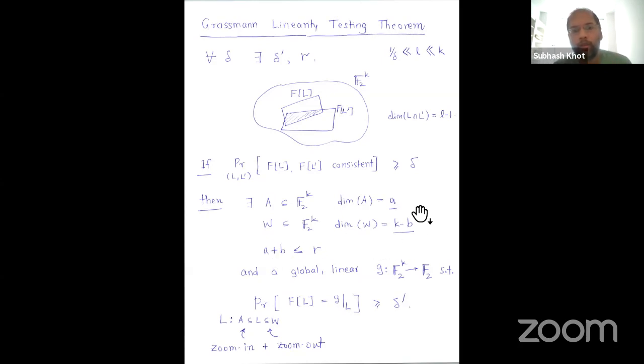Of course a plus b is at most r, maybe at most 5, and there is a global linear function G, such that if you restrict to only those L's which contain A and are contained in W, then you do get a constant amount of consistency with a global linear function. Okay, so that's the theorem.